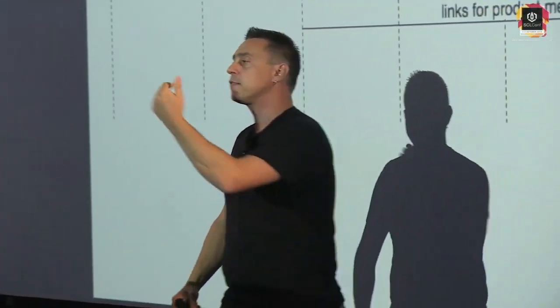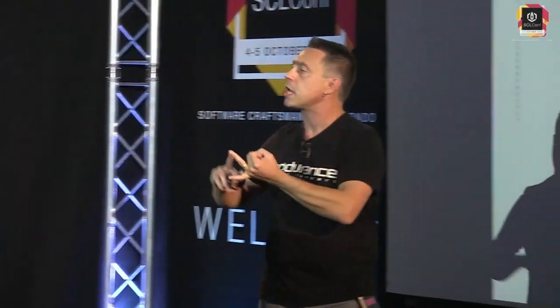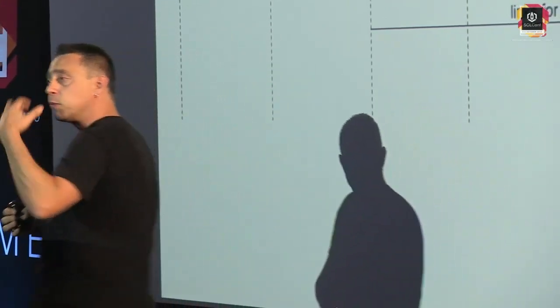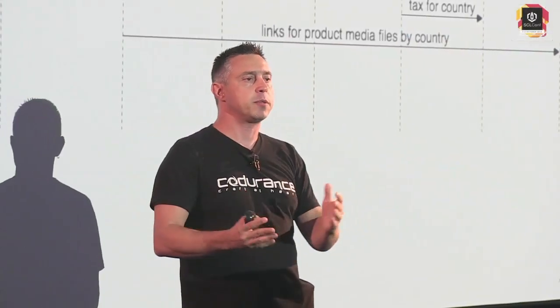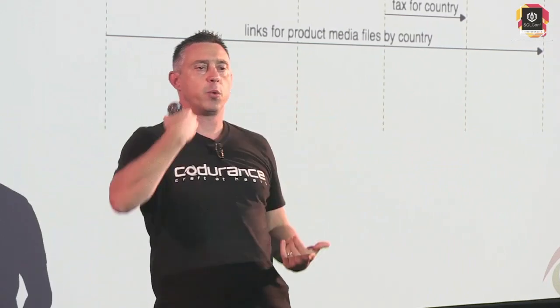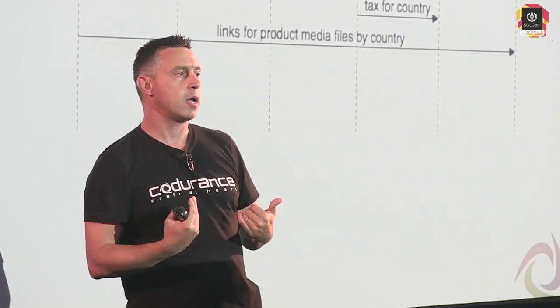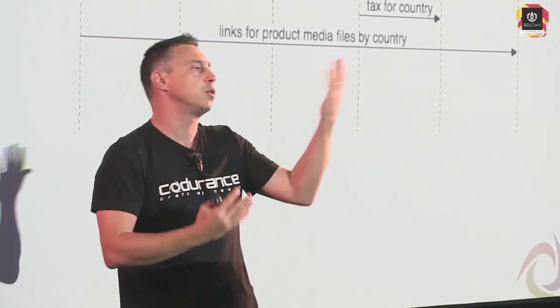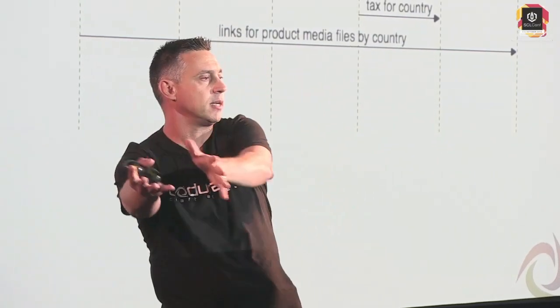So this view of the system lets you start asking those questions. So tax is country related. Media, for example, well, media clearly is part of the product. No, it's not. It's a separate department. We also think about the photos and the videos, because I came to know that even with the same dress, the way that the model wears it, or the colors that they wear, may not be so well seen in certain countries.